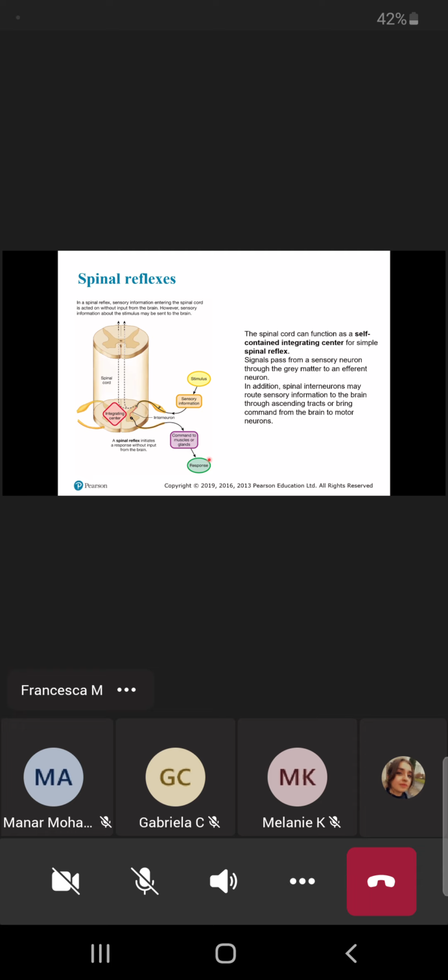We have the ascending division that regulates the movement of information to the brain, and the efferent division that regulates the output from the brain to downstream organs, regulating skeletal muscle functions. So this is what you should know about the spinal cord.